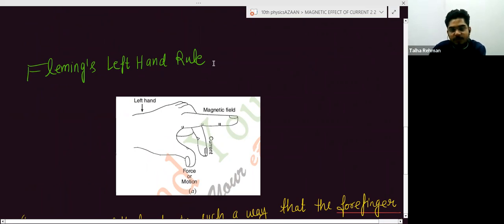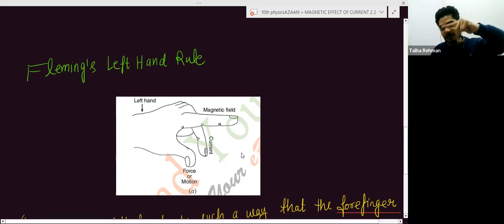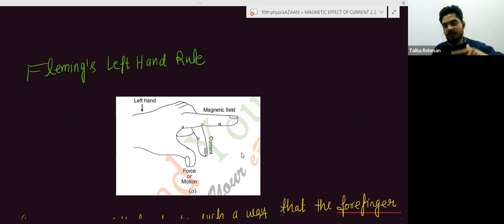Arrange the fingers of your left hand in this way: thumb, forefinger, and middle finger. All three fingers should be perpendicular to each other. These fingers should be mutually perpendicular.